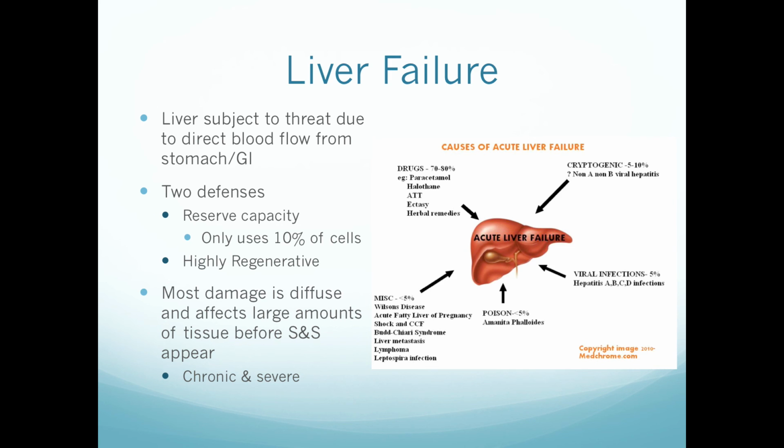So it has this ability to regenerate, to try to keep itself safe, but because of the anatomy of the portal system, when people are doing a lot of bad things for extended time frames, the liver is at risk for really diffuse damage. And the damage tends to be quite diffuse by the time signs and symptoms appear because the liver is so good at compensating for itself.